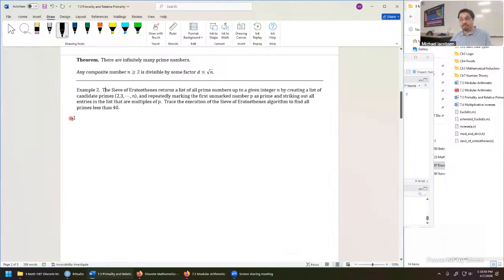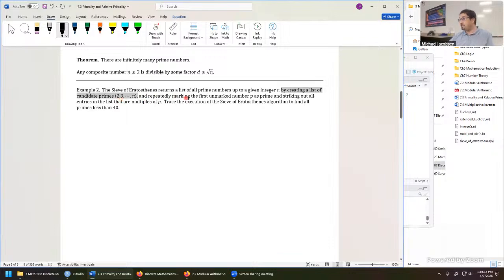Well, first let's look at what the sieve does. The sieve of Eratosthenes returns a list of prime numbers up to a given integer n. Ours will be 40, and the way it does it is it creates a list of candidate primes. So here's our list right here, starting at 2. We know that's a prime, but we're thinking of it as a candidate as we begin.